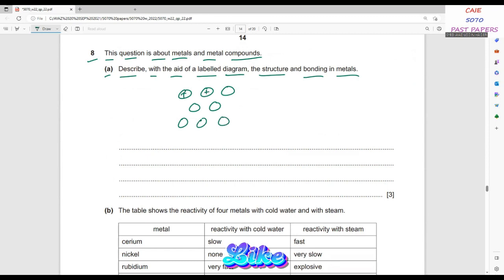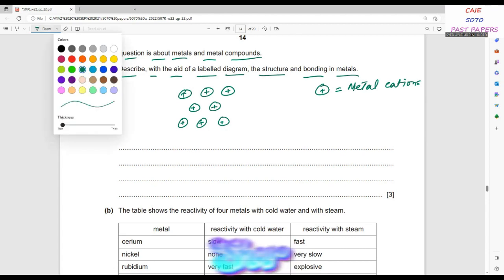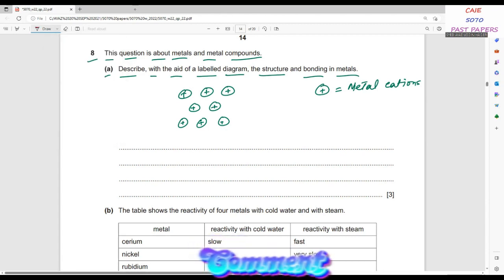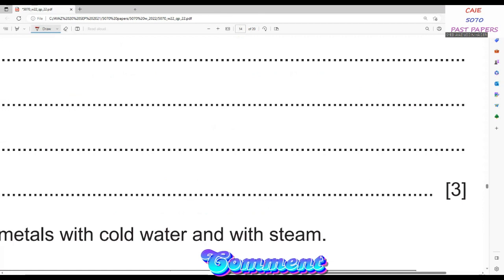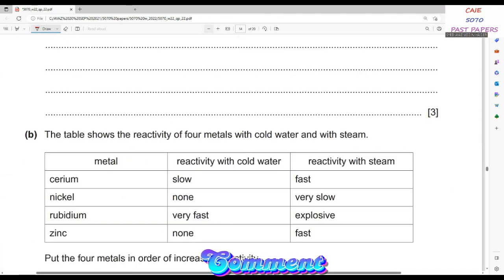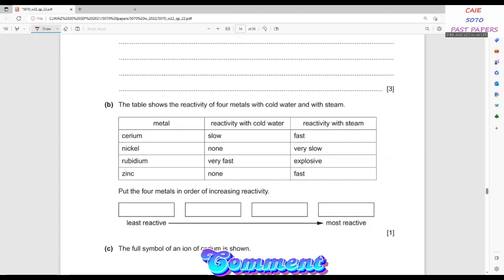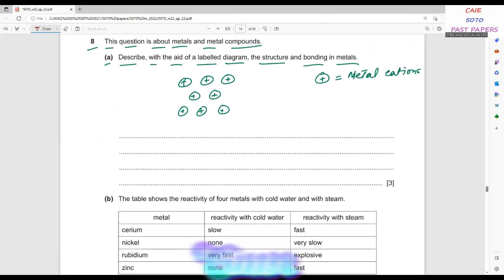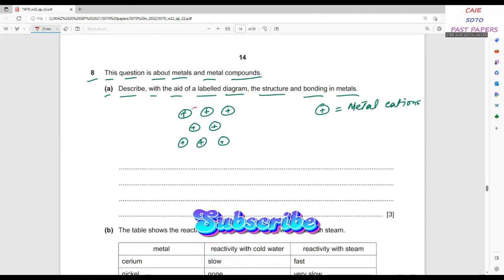This will be metal cations. Now I'm showing the free electrons.